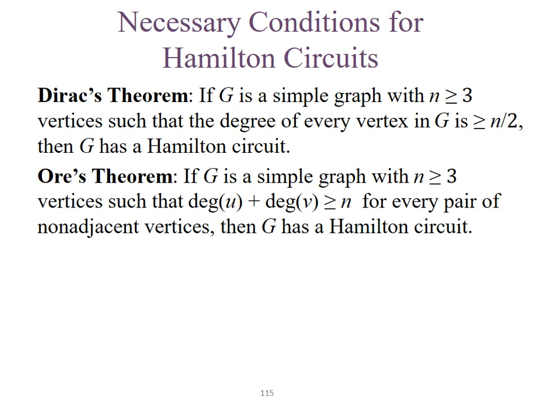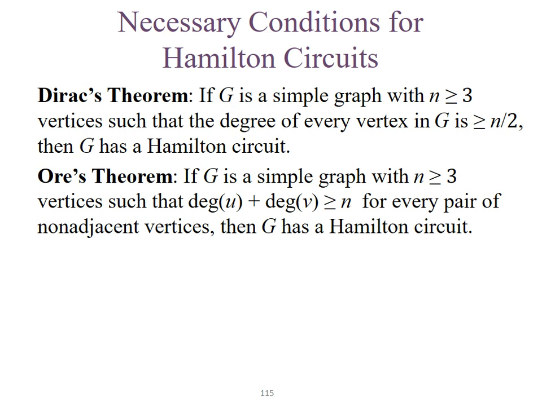Remember, we have learned the logic of P and Q, right? Now Q is G has Hamilton circuits. If not P, can we say not Q? We don't have this logic, right?